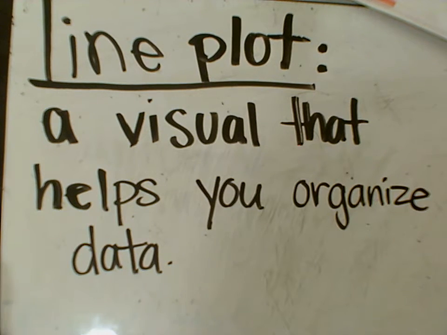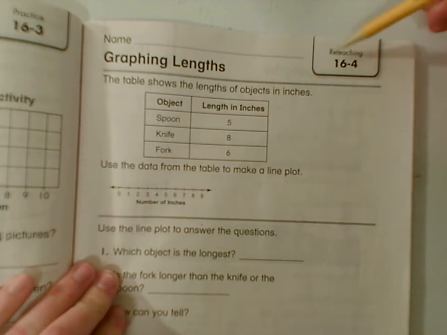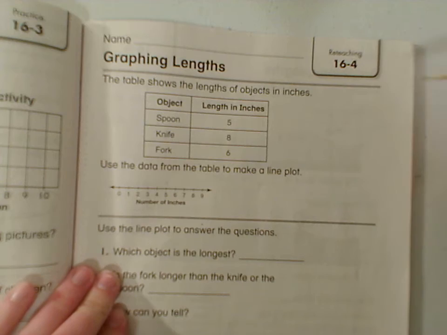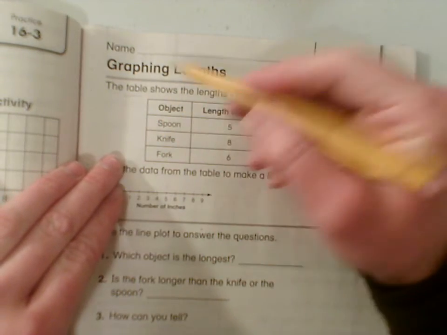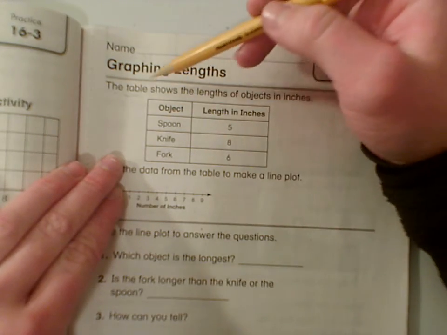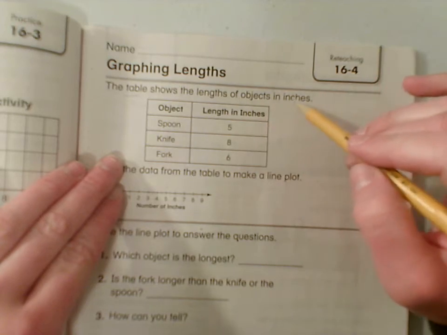So why don't you get out your Black Math workbook, and we will continue learning about what a line plot is. Okay, please open up to 16.4 in your book. It should look like this. Okay, so we're going to look at the table. And here is the table, and this shows the lengths of objects in inches.